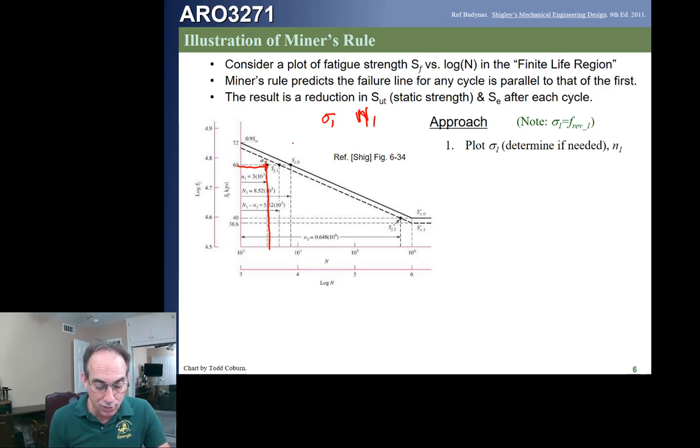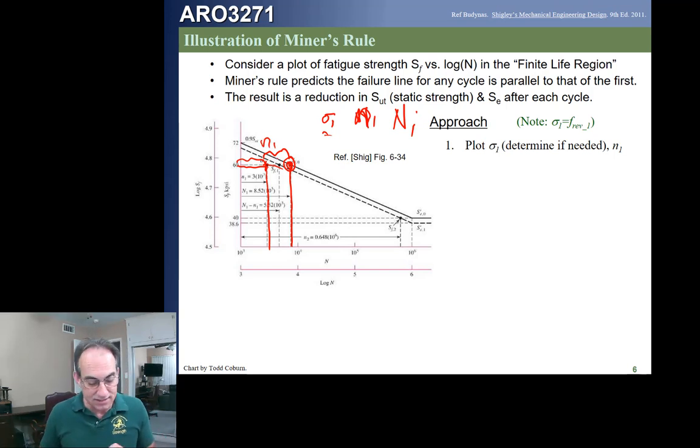Now for that fully reversed stress level sigma 1, let's calculate the allowable, capital N. That's this point over here. Now we can say this much damage was done, this much damage is left. So we take the allowable N minus the number of cycles we had, n, and that gives us the remaining life for that cycle, okay?